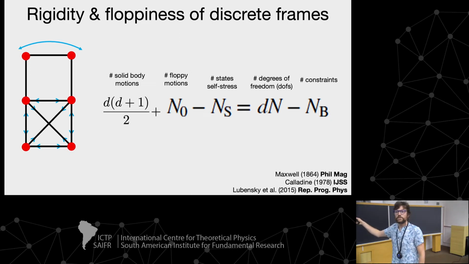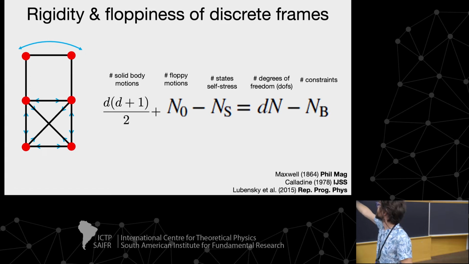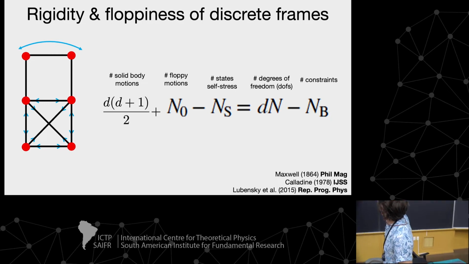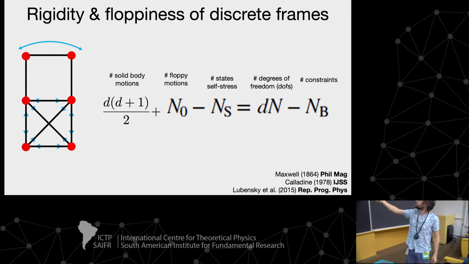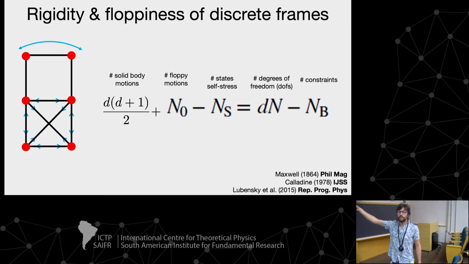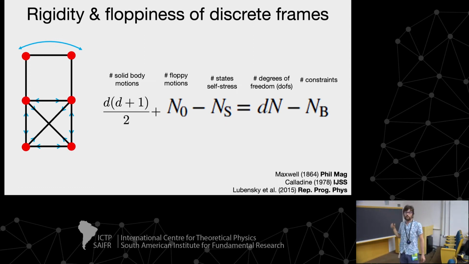That's why people sometimes like to write this formula, because this term is equal to 3 in 2D and 6 in 3D. So that's a convenient way to pack it all up. So 3 plus the number of floppy motions minus the number of states of self-stress is equal to the number of degrees of freedom minus the number of constraints.